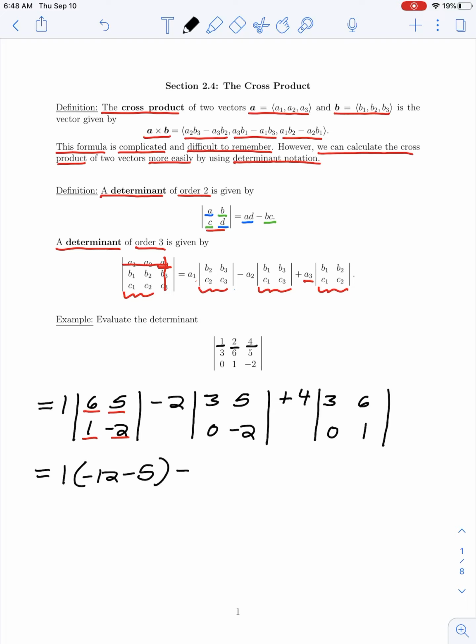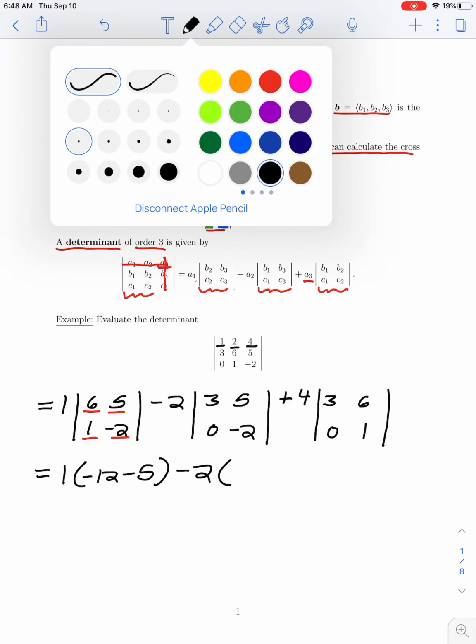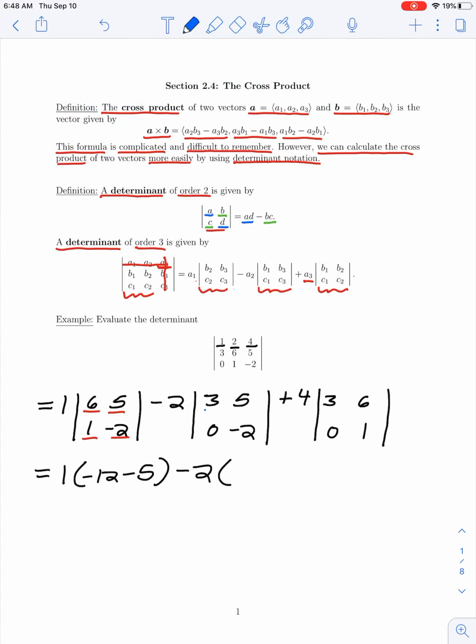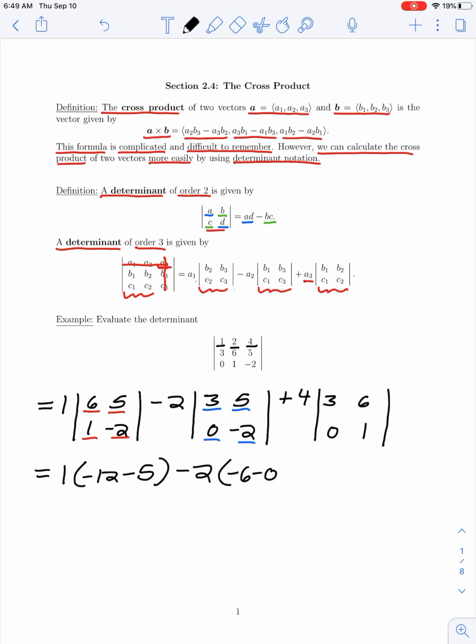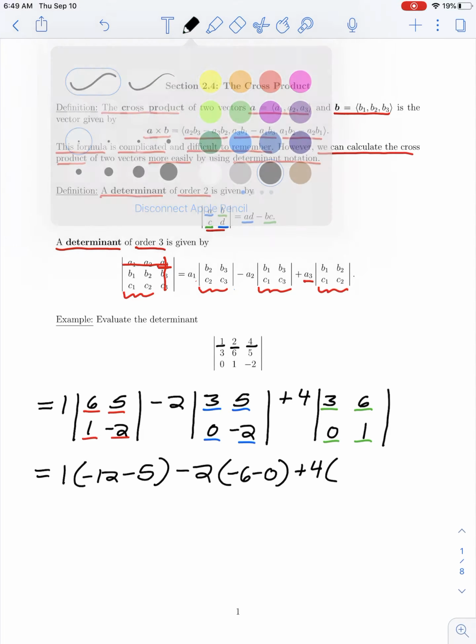Then for our second term, we had a negative 2 times, for the determinant of this 2 by 2 matrix, we have the product of the diagonals is negative 6, and we're subtracting the product of those off diagonals, which would be 0. So we have negative 6 minus 0, and then plus 4 times, for our last matrix, we have the product of the diagonals is 3, minus the product of the off diagonals is 0.